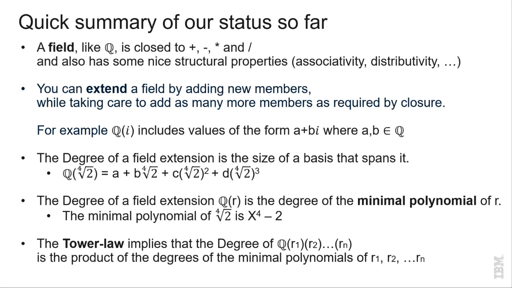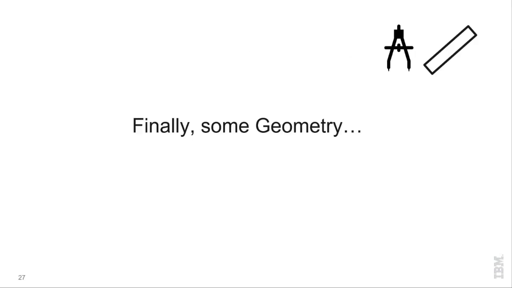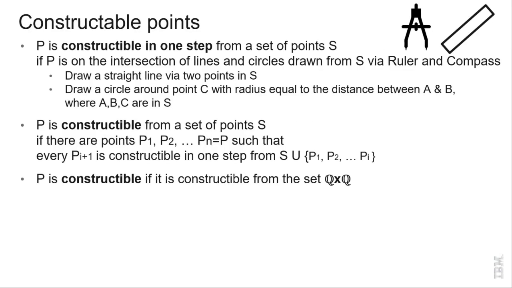So you just have to look at all these roots, find the minimal polynomials, take the degrees of these polynomials, multiply the degrees, and you're guaranteed to get the degree of the resulting field extension. And this is actually what we wanted. The whole algebra that we did was to get to this law, which we're going to use now in the proof.